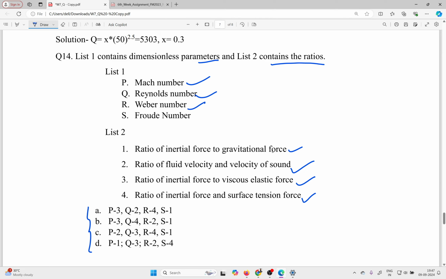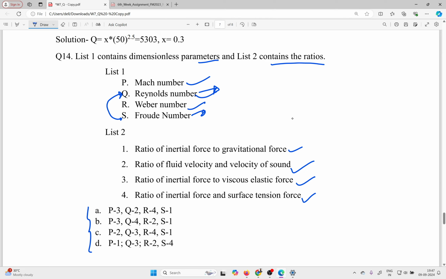Sometimes as a civil engineer, we generally use these two things, Reynolds number and the Froude number. We always know the formula of this and this. So think on that how you will find out.